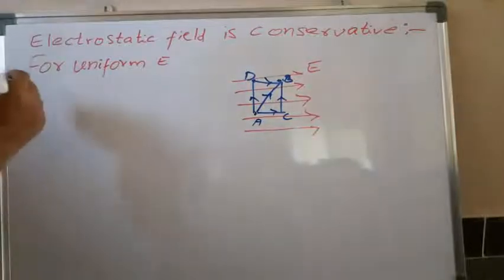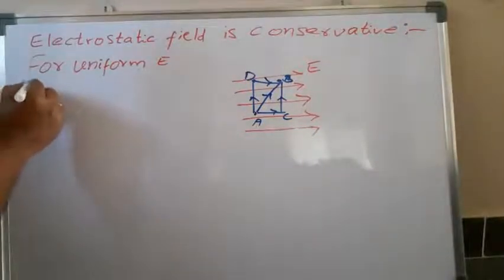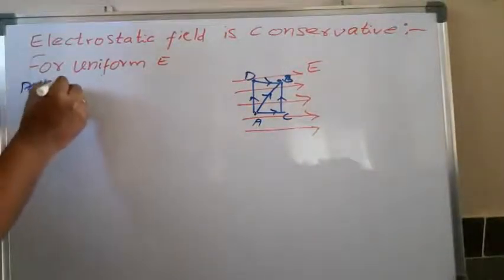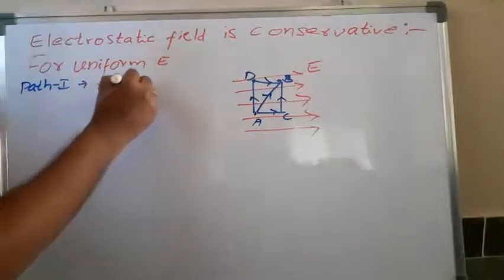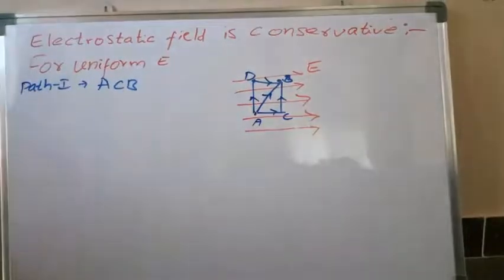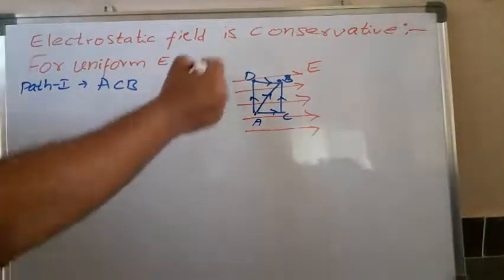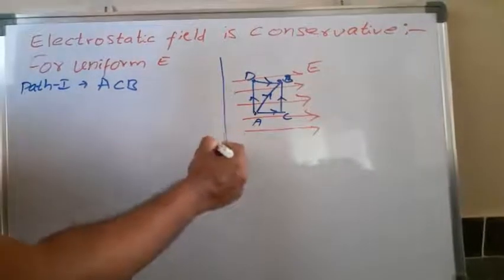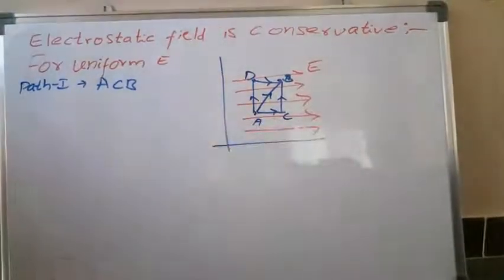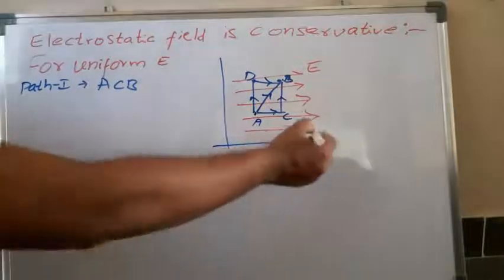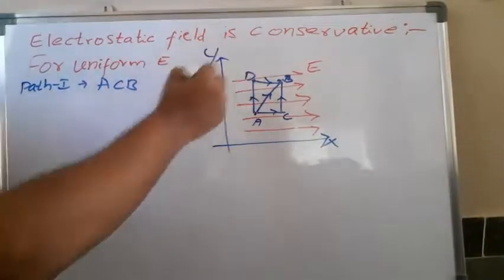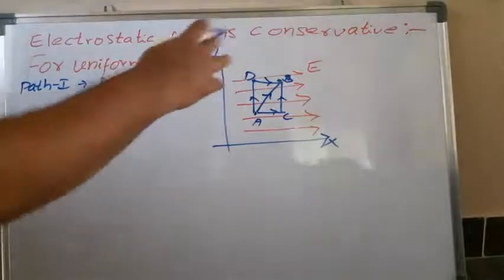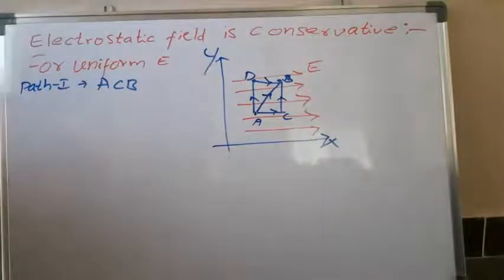Okay, first let me take path 1, that is A, C, B. To calculate this work done, let us imagine this electric field is in the XY plane. I am considering coordinate planes, X axis, Y axis, and the electrostatic field is in the XY plane.